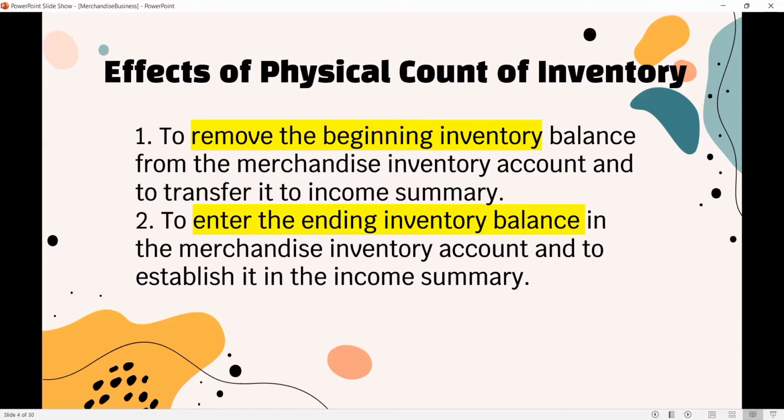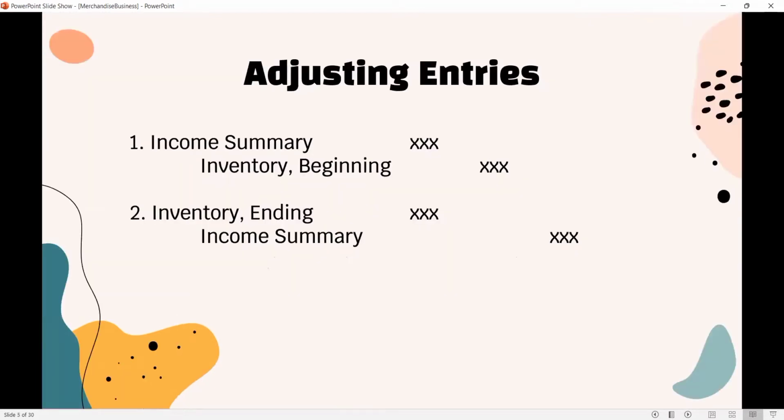So, i-remove natin ang ating beginning inventory balance from the merchandise inventory account. Tapos, ita-transfer natin siya sa income summary. Pa-next slide ako para makita yung entry. Yan yung adjusting entries natin pag i-remove natin ang ating inventory beginning. Debit natin, income summary, i-credit natin yung inventory beginning. Pabalik ako.